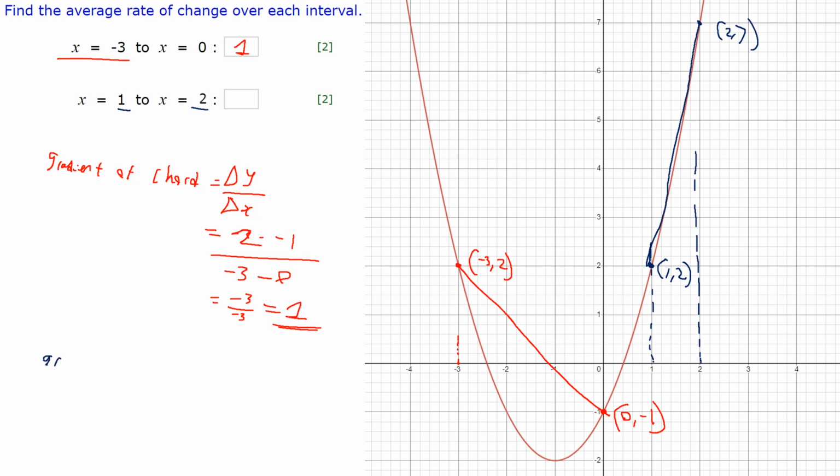And then we work out the gradient of the chord, which is just the change in y over the change in x, which is 7 minus 2 divided by 2 minus 1, which is just equal to 5. And those are your final answers.